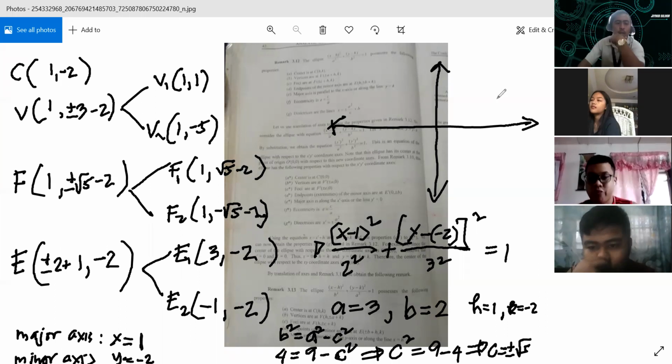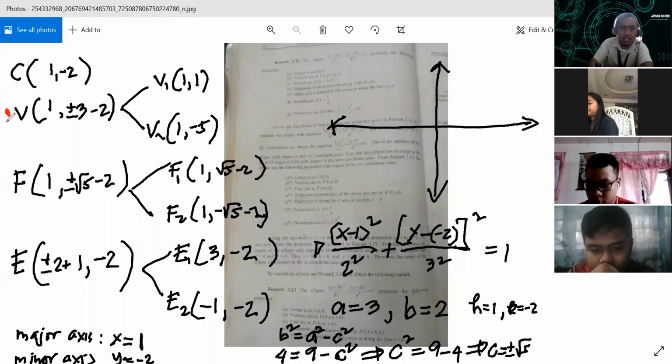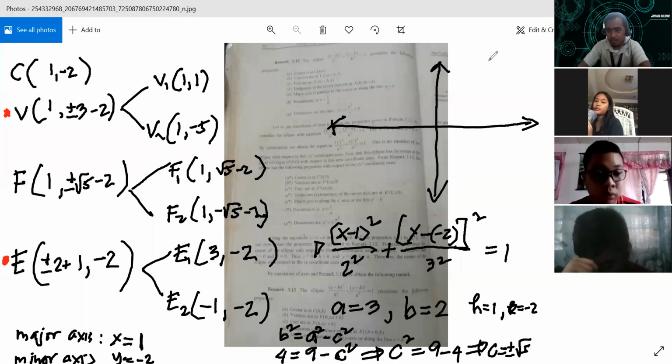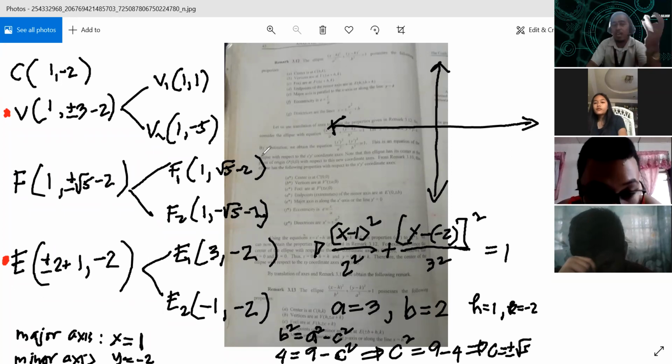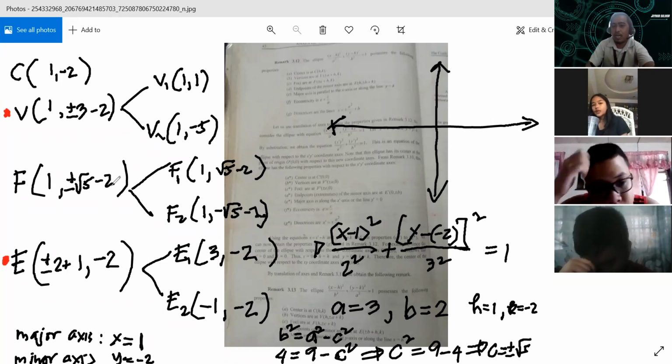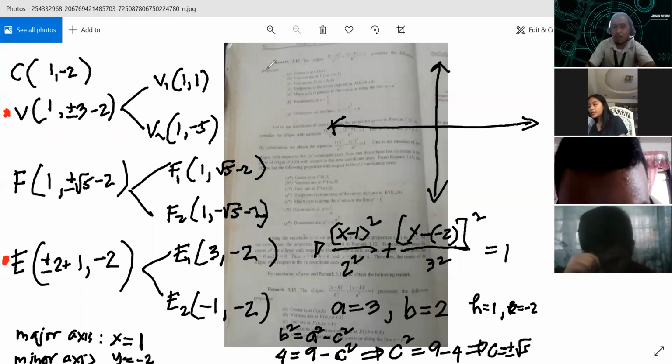The next thing that you will do is to plot. Actually, what you really need, class, is to know the vertex or extremity so you can plot your ellipse. That is the important part. But there are cases where you need other ideas from these parts so that you can complete your graph.